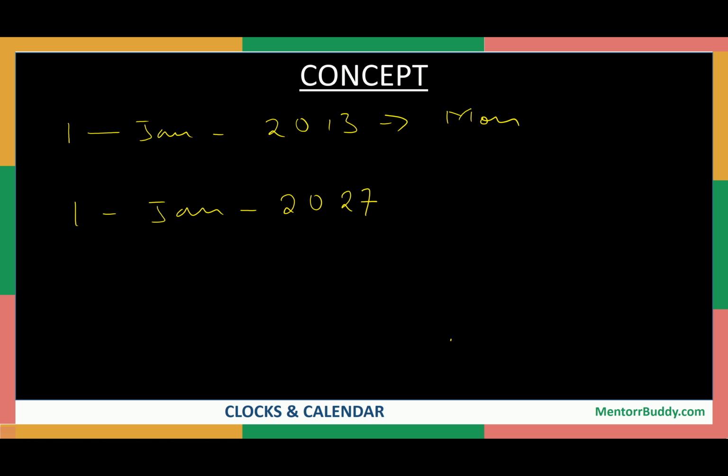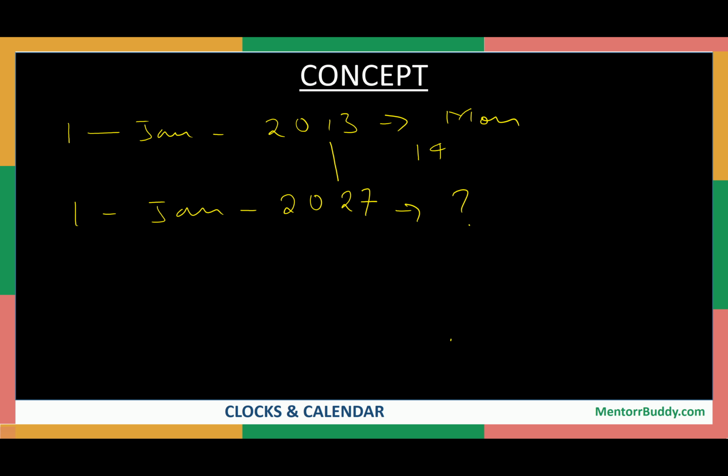We just need to check how many years there are between them. That is 2027 minus 2013, which comes out to 14. There are 14 years between these two dates. Each year we have one odd day, so we got 14 odd days.